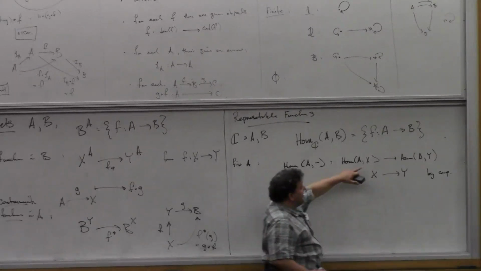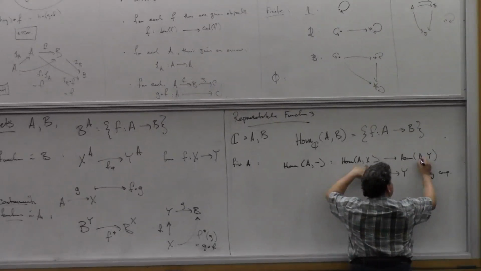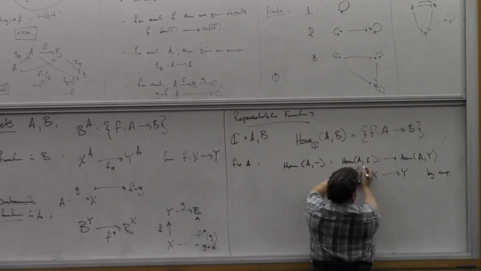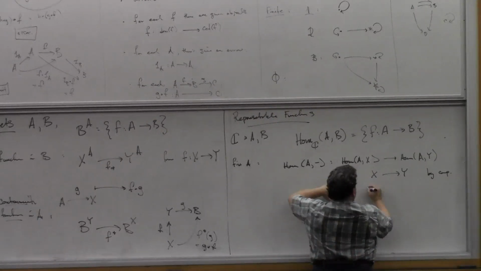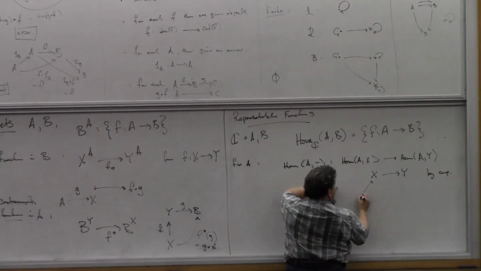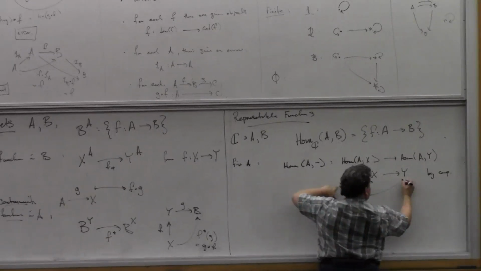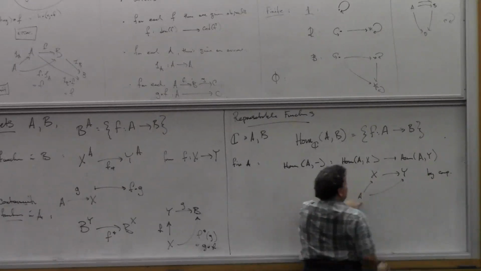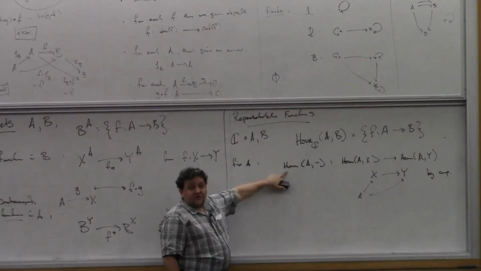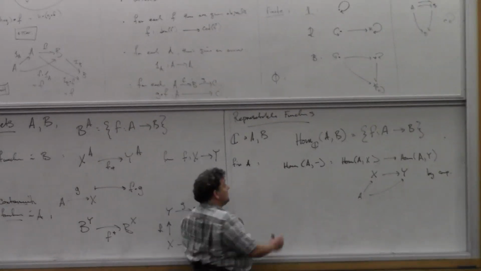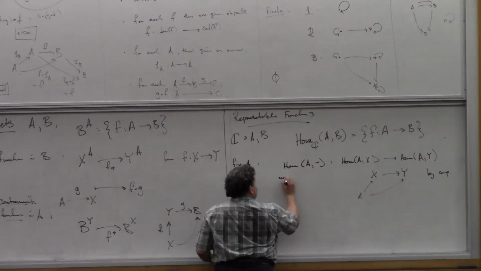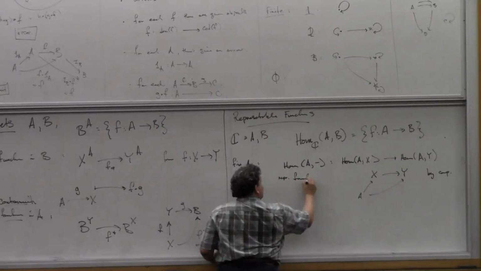If I have a map from X to Y in C, and I take an element in this set, that's just some thing coming out of A, and I compose, and I get something like this in this set. So that's my functor. It's called the representable functor of A.